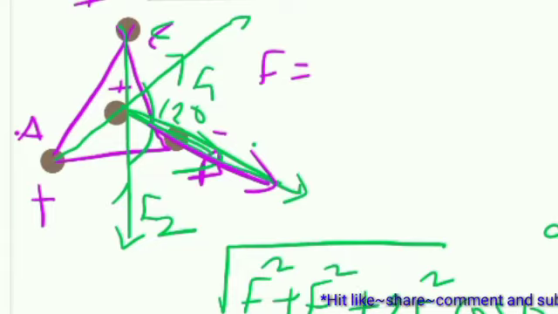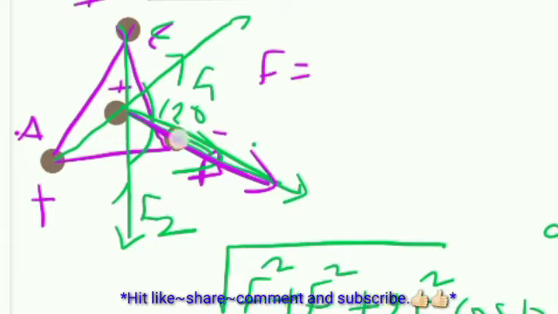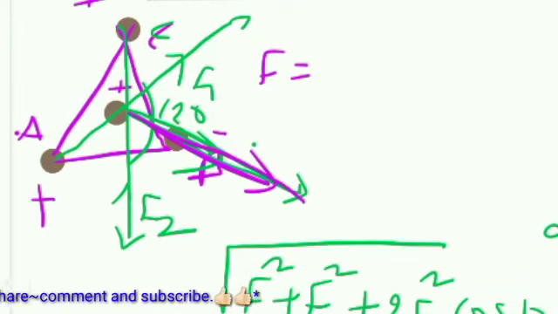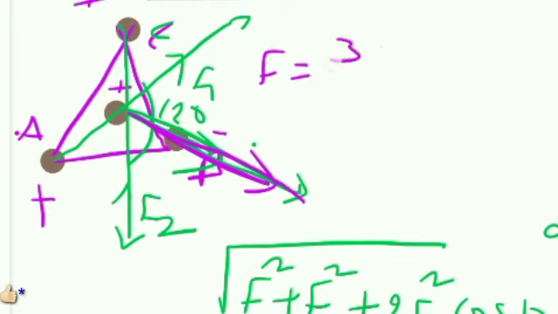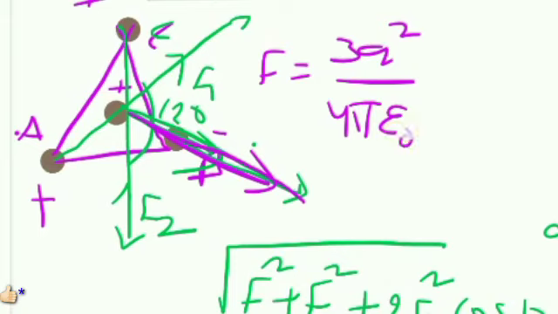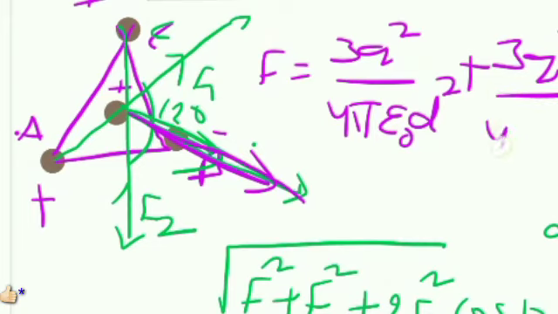Total F is equal to 3Q square by 4 pi epsilon naught D square plus 3Q square by 4 pi epsilon naught D square.